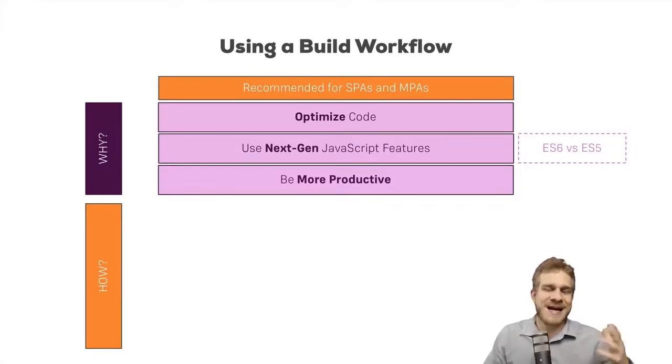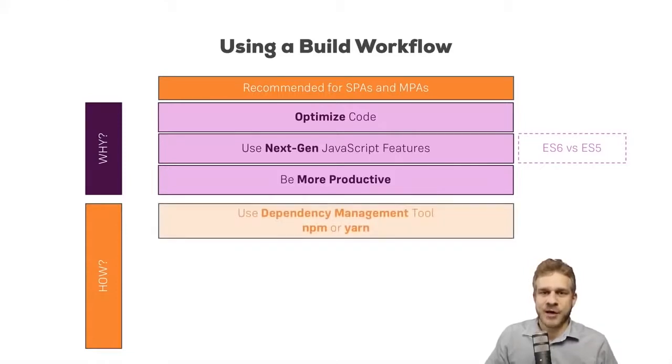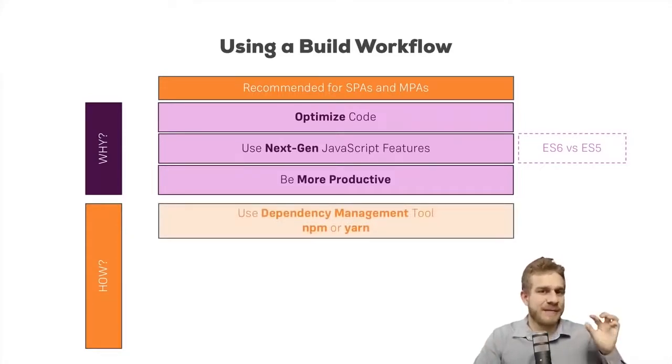And for that, the how, of course, is relevant. How do we achieve such a workflow? We first of all need a dependency management tool. Dependencies are simply third-party libraries, third-party JavaScript packages. React, for example, is a dependency. React DOM is a dependency. And also all the build tools we will need in the end are dependencies.